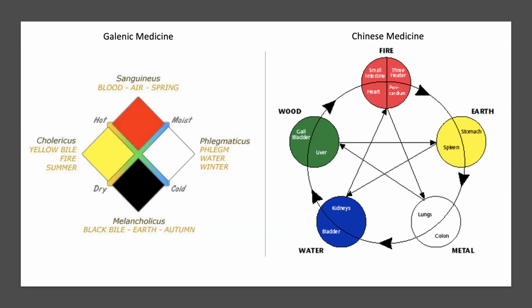To this day in Chinese medicine, there's a very similar theory called the five agents, which is depicted here. They exist in concert with each other, and they represent seasons and a kind of elemental property and certain organ systems and flavors and colors.